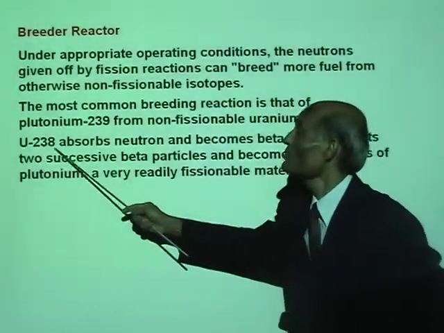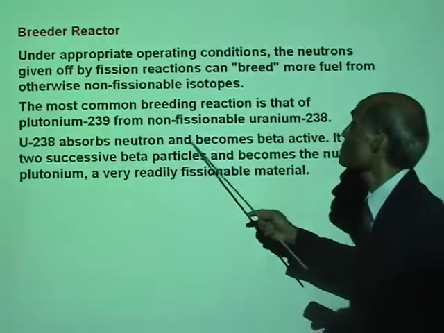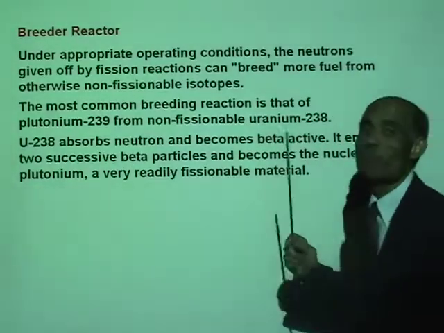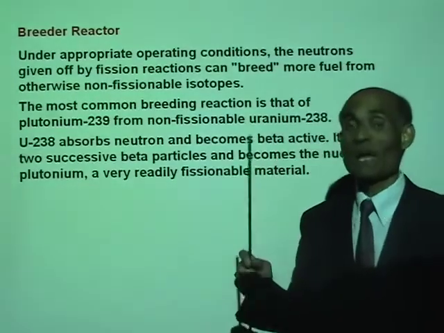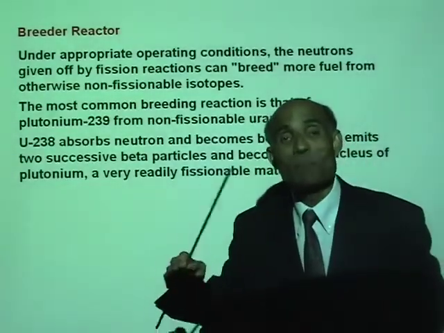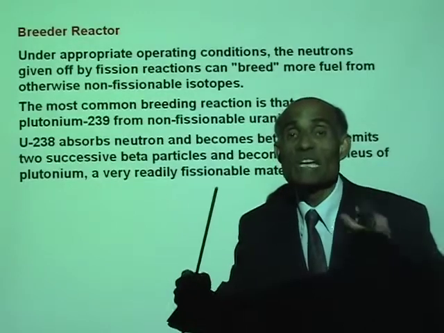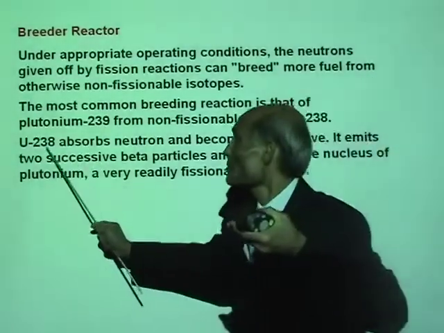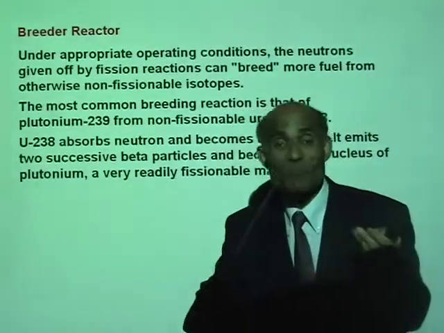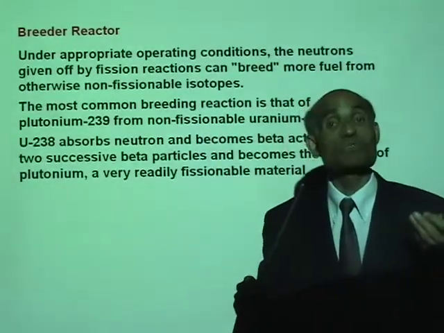Now, this is the process. A uranium-238 absorbs a neutron and becomes beta-active. You recognize what that is. When an element emits a beta radiation, its atomic number increases by 1. So uranium has atomic number 92.